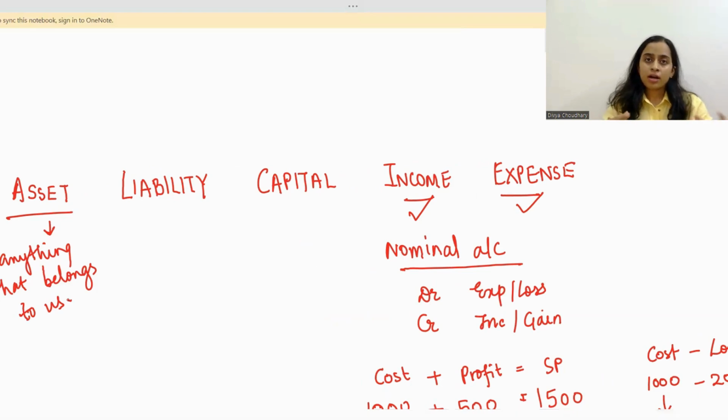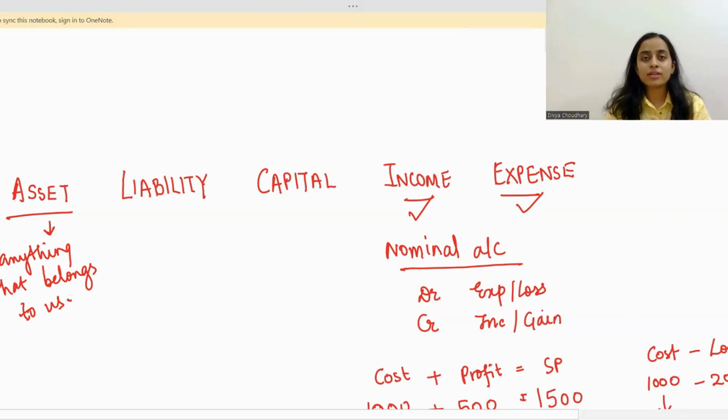Let's say the car is ours and I've decided to give it to a friend for 5 days. So in these 5 days, who has the car? The car is with the friend, but whose is it? It's still my car.